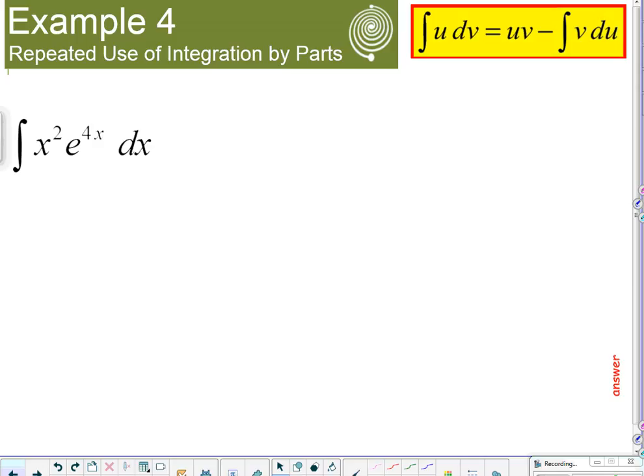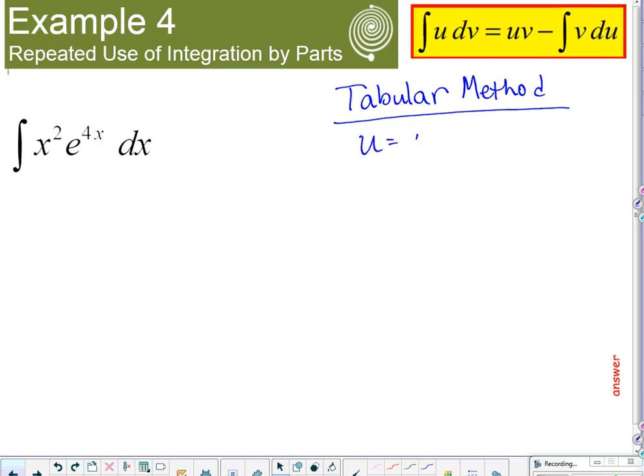So I'm going to go ahead and do this one in the tabular method because we did practice that tabular method last year. And the tabular method works very, very well when I have an algebraic function that I can set up to be my u.